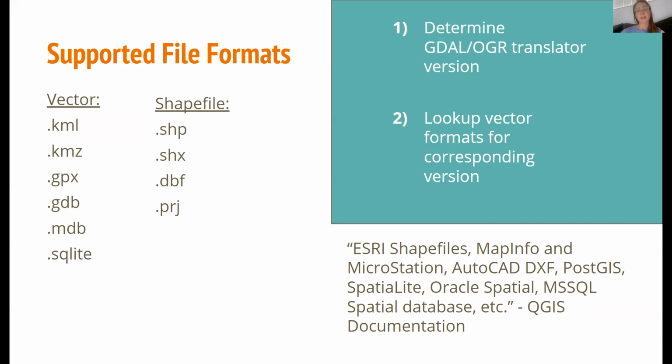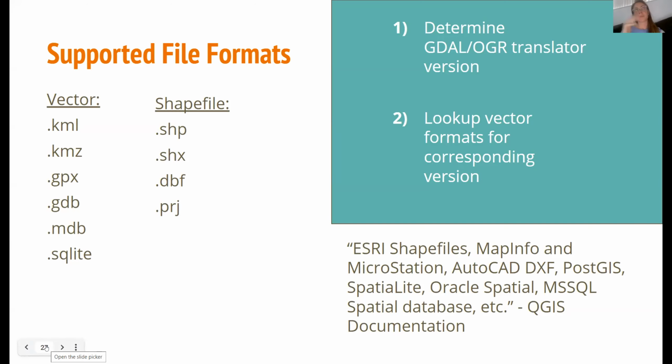And then the last thing that I found was that if you're specifically interested in figuring out if a particular vector can be brought into Q, there are a list of steps you can do to answer that question. The first one being you can determine what translator you have in your QGIS version.